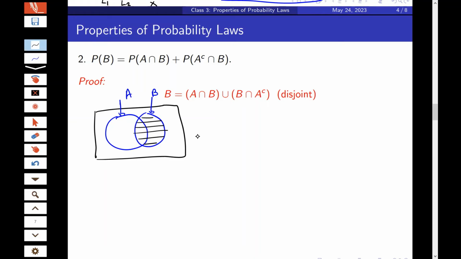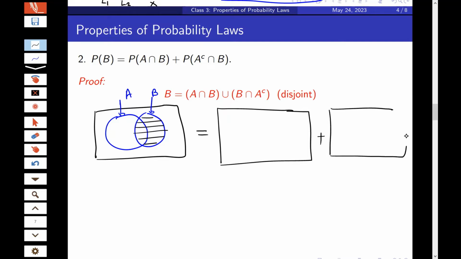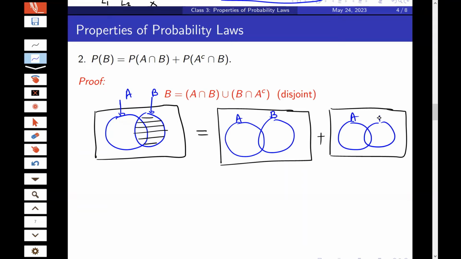So let's see. This equals, so this is A and this is B. Here A and B again.